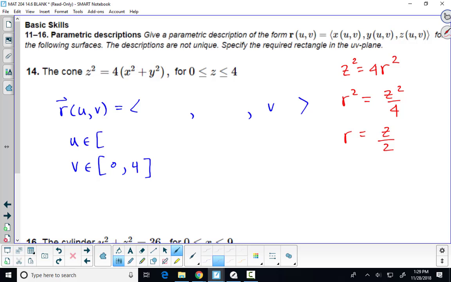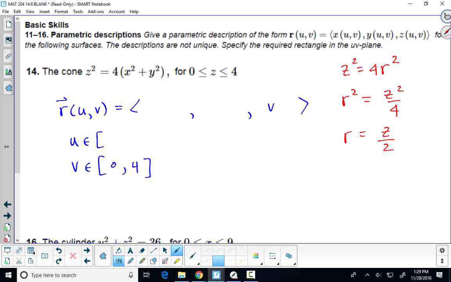If we think about cross sections of the cone, aren't the cross sections of the cone circles? And triangles. If we have a cone that opens up, horizontal cross sections are all circles.